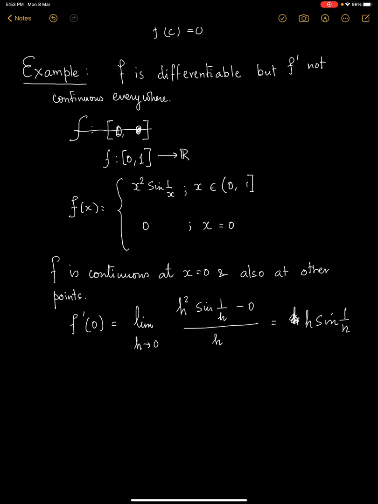Now the limit as h tends to 0 of h sine 1 by h is 0.